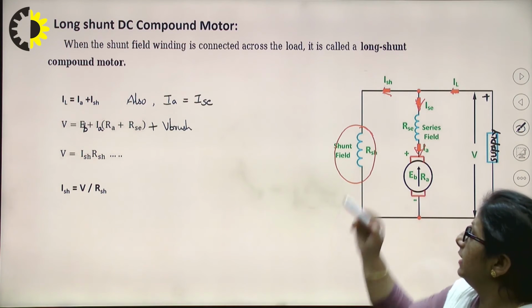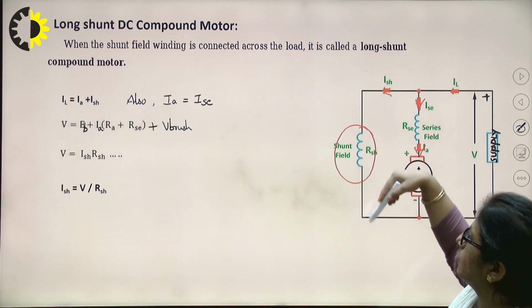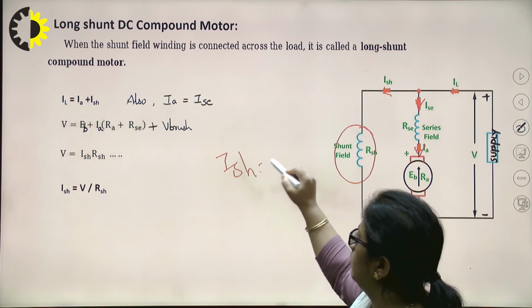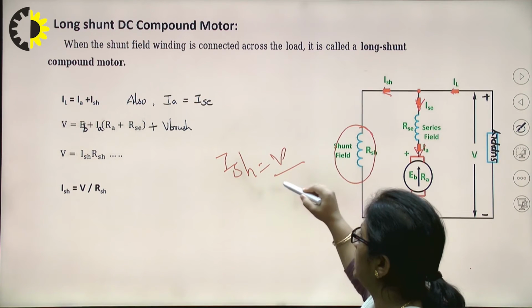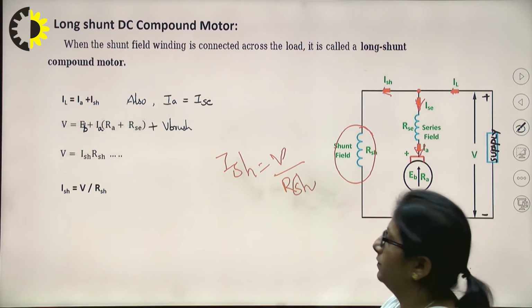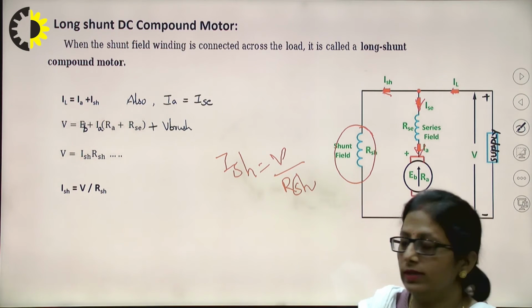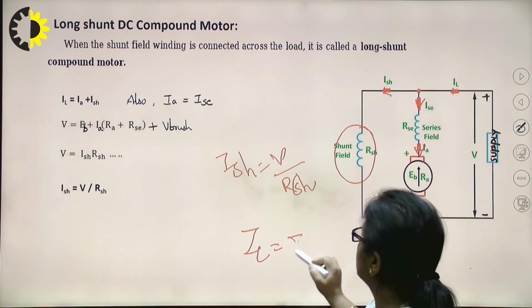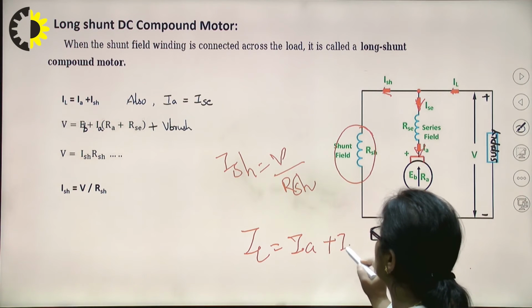Once again, your voltage is completely across the shunt field. So I may write here that ISH is equal to the voltage across the shunt field winding, V upon RSH, right? Relations about the current: obviously IL must be equal to IA plus ISH.